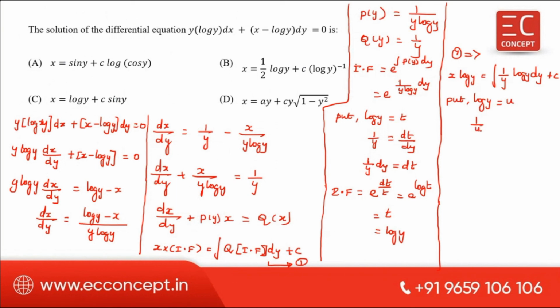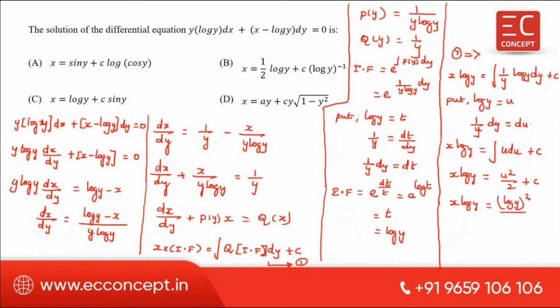Therefore 1 by y into dy is equal to du. So x log y is equal to the integral of u du plus constant of integration, which is u square divided by 2 plus c. So x log y is equal to (log y) whole square divided by 2 plus constant of integration.